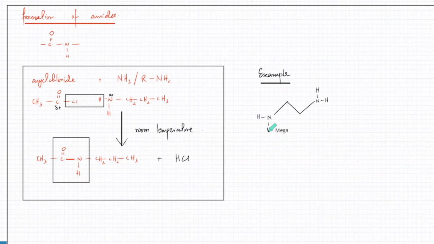And they say that this molecule is going to react with an acyl chloride. That acyl chloride is, let's say, ethanoyl chloride, CH3C double bond O, and Cl. And they're asking what is the product of the reaction.